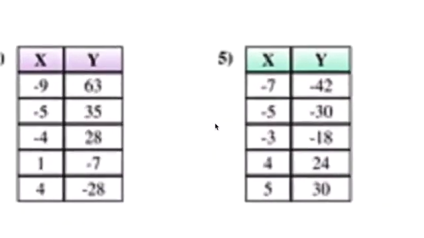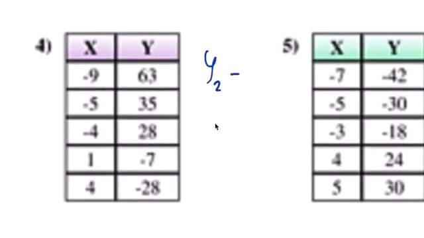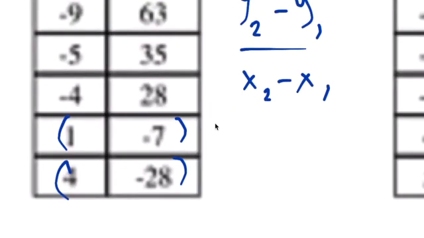And number 4, y sub 2 minus y sub 1 over x sub 2 minus x sub 1. Okay, we might as well do 1 and 4, these two numbers. X sub 1, y sub 1, x sub 2, y sub 2.